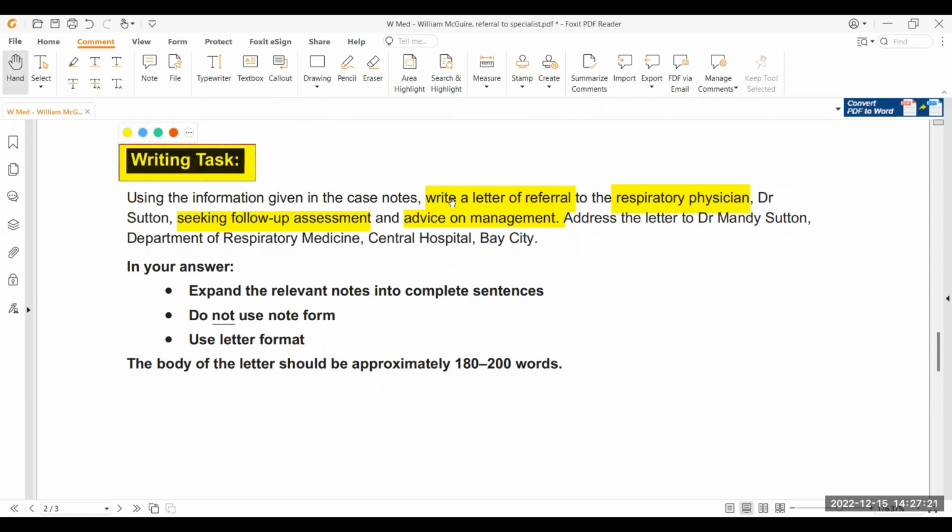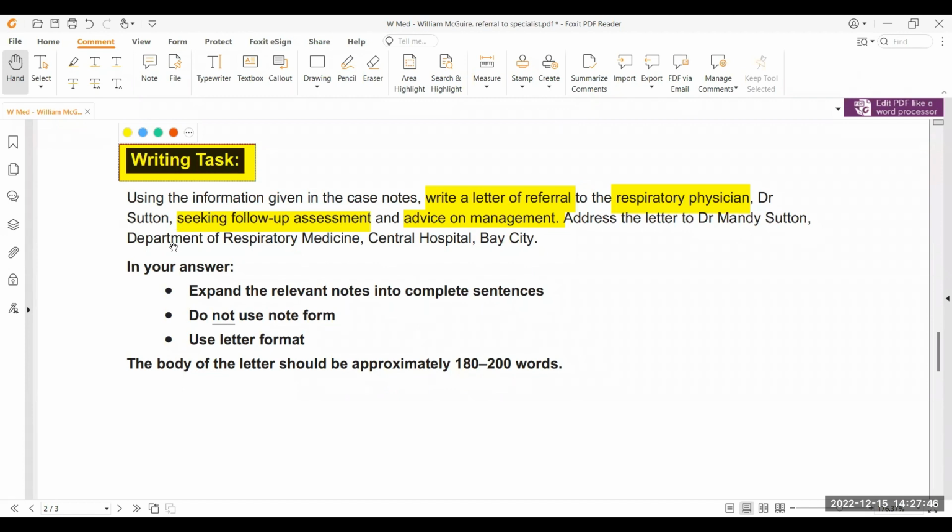In this example, it tells us that you're supposed to write a letter of referral, and most importantly, it tells you who you're writing to, a respiratory physician. So that already gives you an indication what the case is about. So some problem about the respiratory, because the referral is for the respiratory specialist.